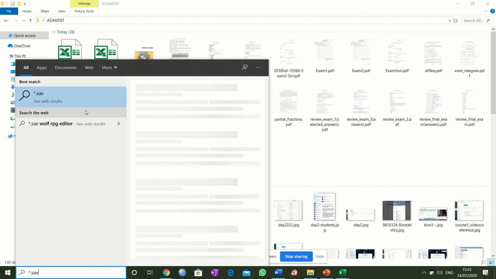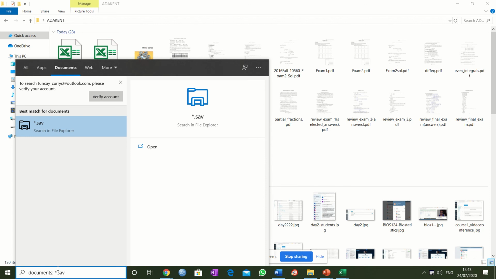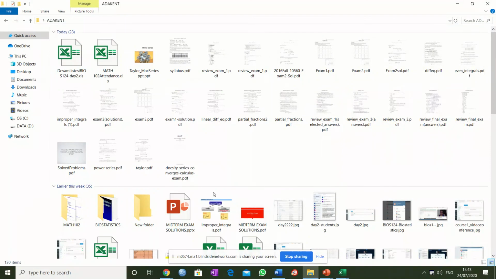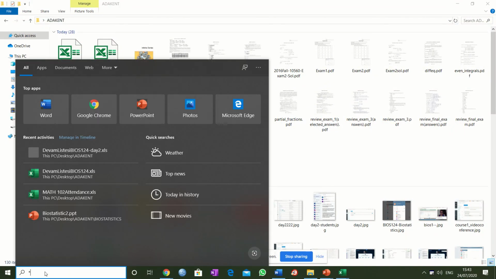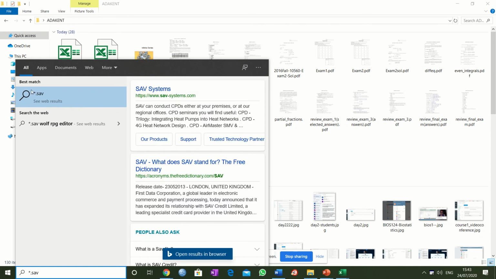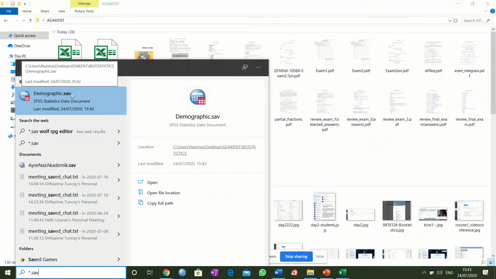Let us search for it. Yes, you see it's .sav. My computer must be tired. Okay, the extension is SAV.